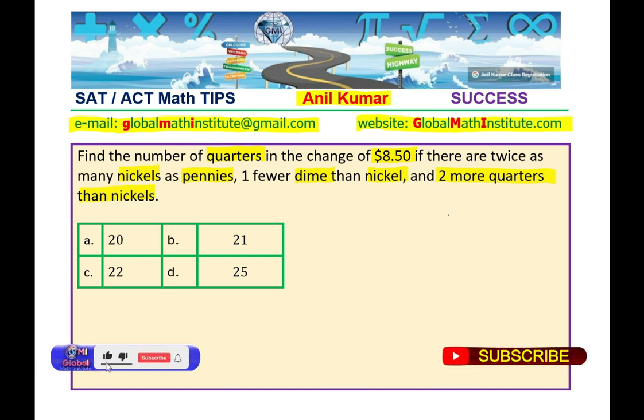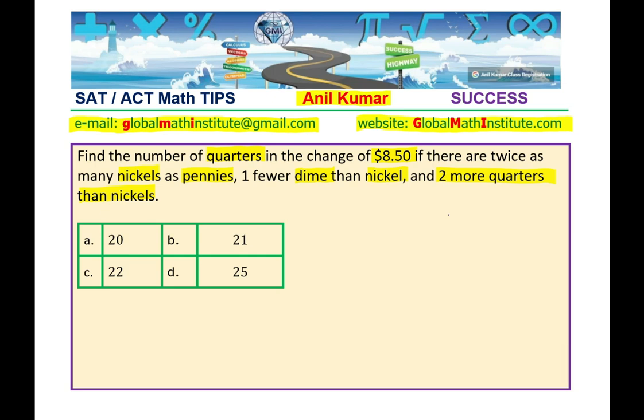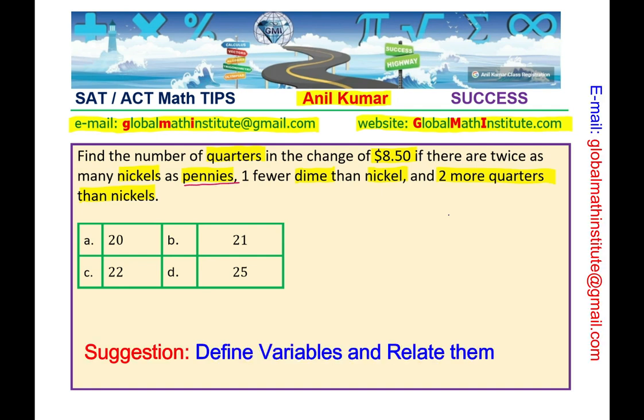Since many students in other countries may not know what a nickel or a dime is in the US or in Canada, just for your information, when we say pennies, I will say P for pennies. That really means in dollar value, it is equal to 0.01, so it is 1 cent.